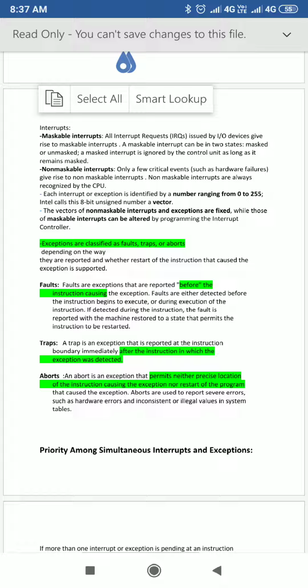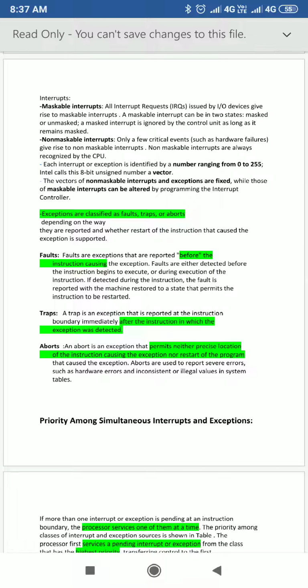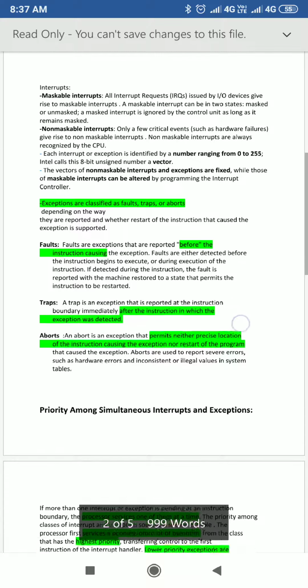The operating system would fetch the page or segment from the disk, and then the 80386 would restart the instruction. For example, INT 0, INT 5, INT 6, likewise. In short, your 80386 will execute the instruction that created the fault after completion of the exception handling software. This is all about faults.